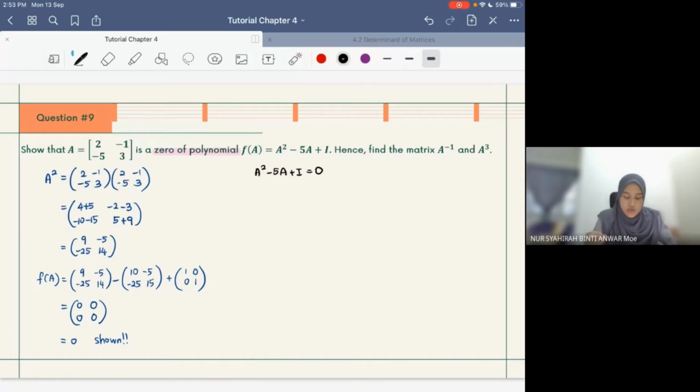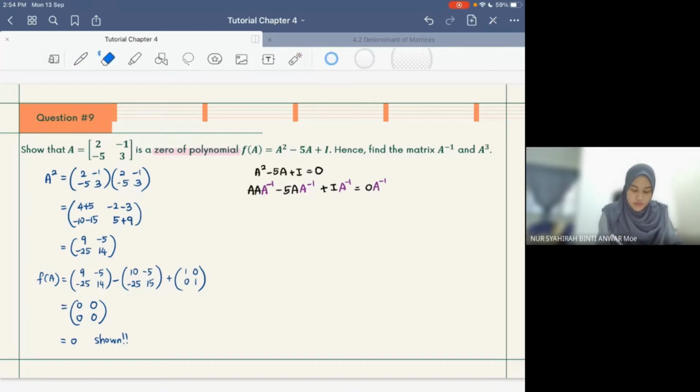So there will be no issue at the front or at the back. I will write it like this: A square times A inverse, minus 5A times A inverse, plus I times A inverse equals 0 times A inverse. Okay, I want to show that the whole equation is multiplied by A inverse.